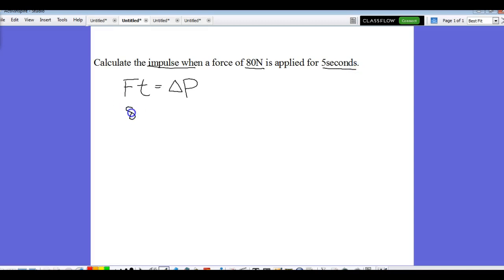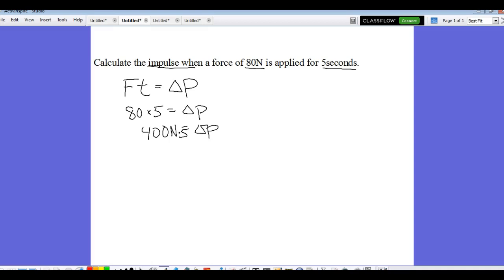So if we just go 80 times 5, that gives us the change in momentum, or the impulse. 5 times 80, 400, is equal to the change in momentum. Now the unit for this is kind of a weird one, because it's really just force times time. Force is newtons, and we put seconds. So 400 newton-seconds is the unit for the impulse.